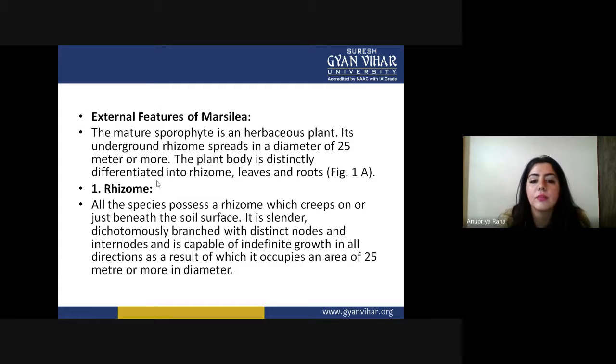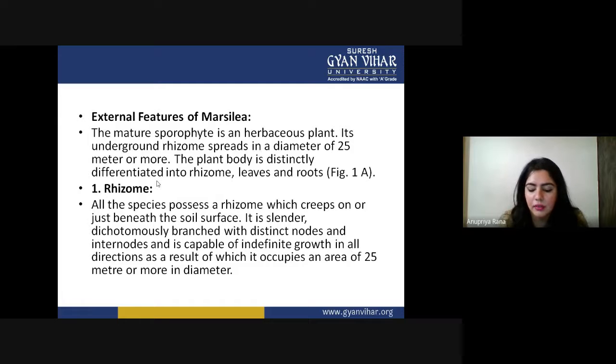All the species possess a rhizome which creeps just beneath the soil surface. It is cylindrical, dichotomously branched, with distinct nodes and internodes.